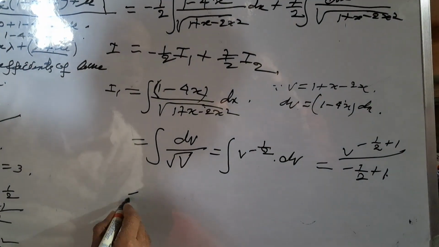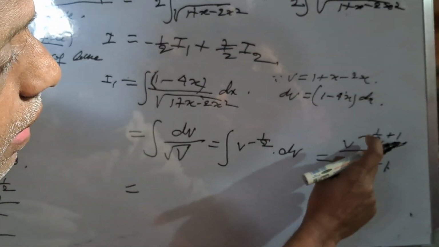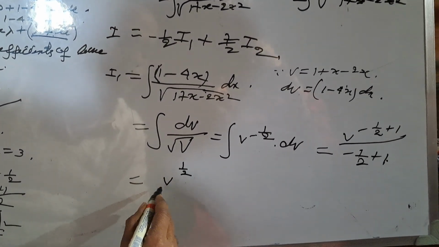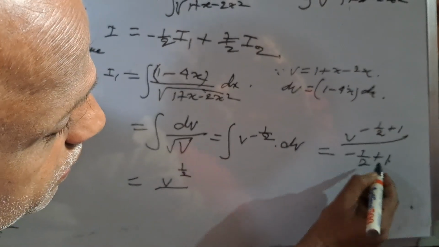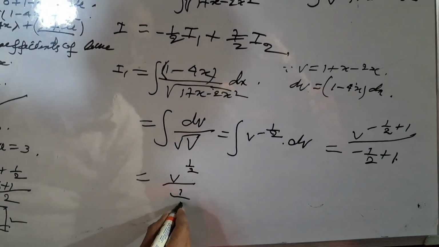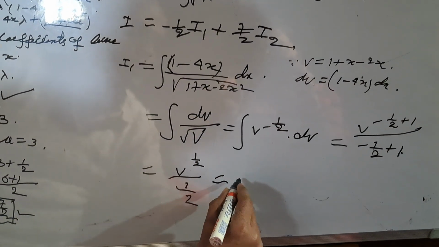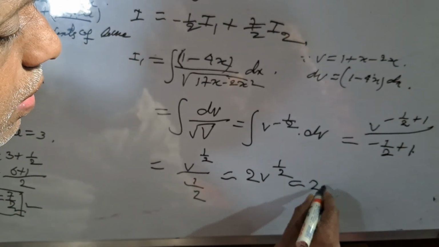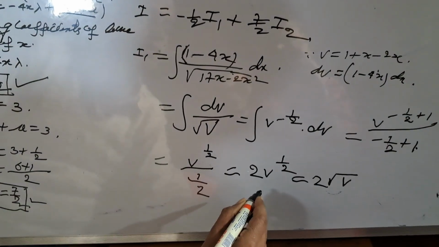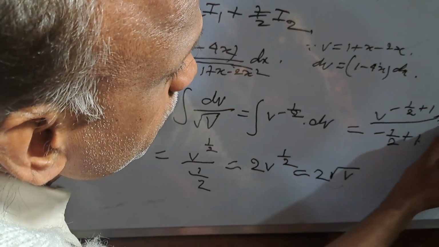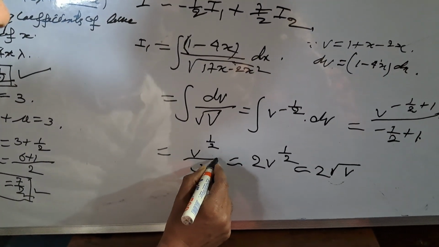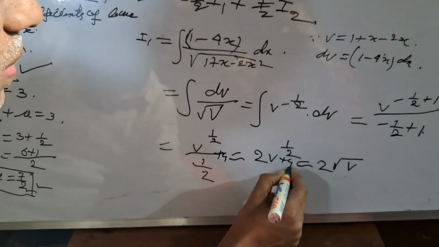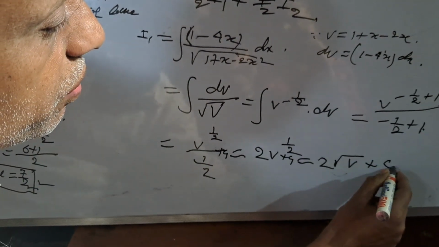Subtracting half from 1, we get v to the power half, divided by half. The 2 goes up into the numerator, so we get 2 v to the power half, that means 2 under root v, and as we have integrated, we put the constant c1.